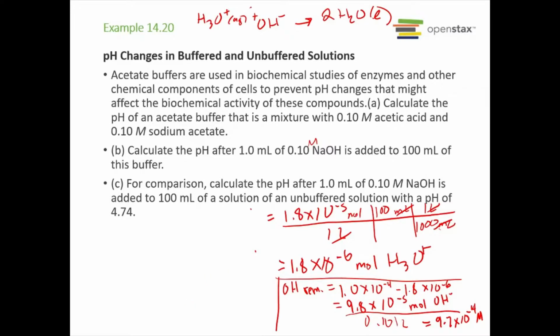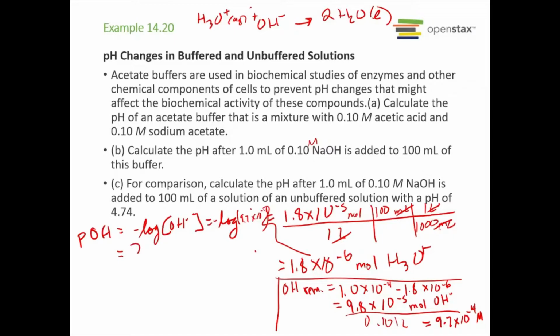So now we know how much hydroxide. And we can calculate the pOH, since we know the hydroxide concentration: the negative log of OH, which is the negative log of 9.7 times 10 to the negative fourth. So our pOH, let's punch this into the calculator. 9.7 e to the negative fourth, and we want the log.